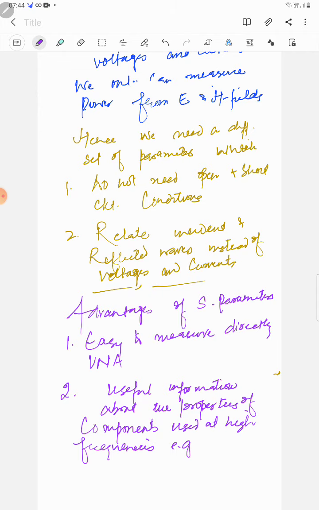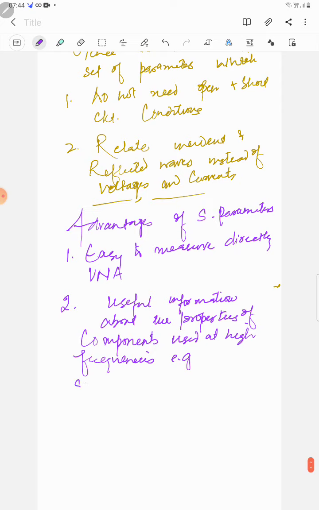For example, if we measure the parameter S11, this gives us the reflection coefficient directly, provided the other ports are matched.